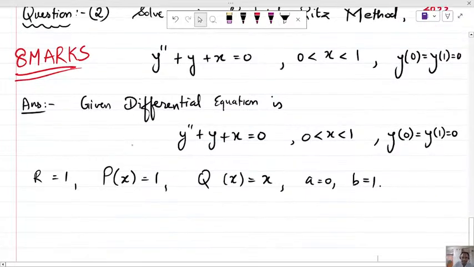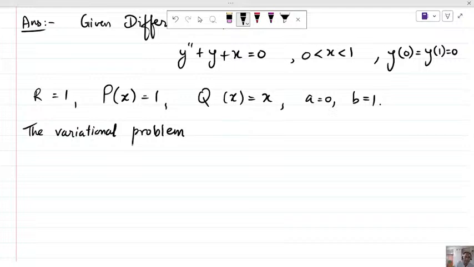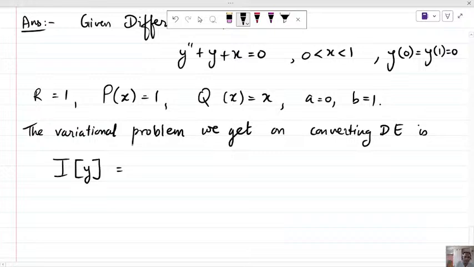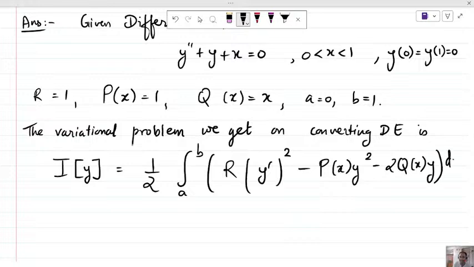Okay, so by the formula that we know, the variational problem we get on converting the differential equation is I(y) = 1 by 2 integral a to b of r into y dash square minus p of x y square minus 2 q of x y dx.